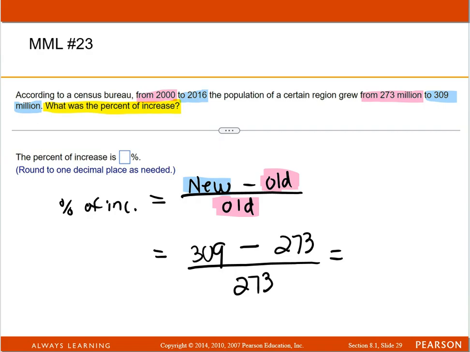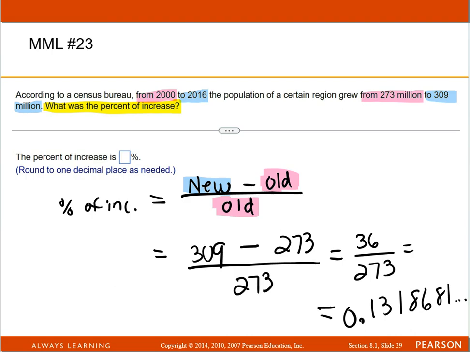So 309 minus 273 gives you 36. And 36 divided by 273 gives you 0.131861, and it keeps going there.